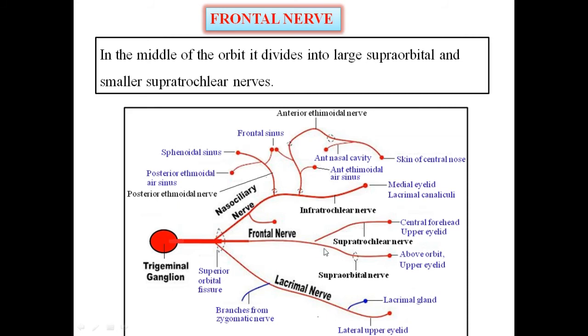The supraorbital nerve is distributed to the forehead, scalp, upper eyelid and frontal sinus. It divides into medial and lateral branches. The supratrochlear nerve supplies the central forehead and upper eyelid.